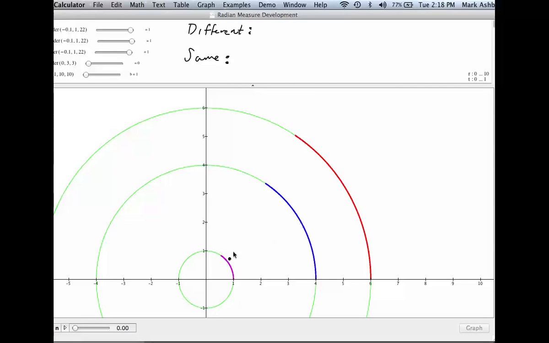I'm asking about those arcs, the purple, the blue, and the red arc. Take a couple minutes, have a conversation, and come up with it. Go.